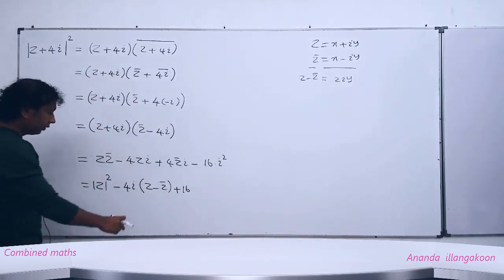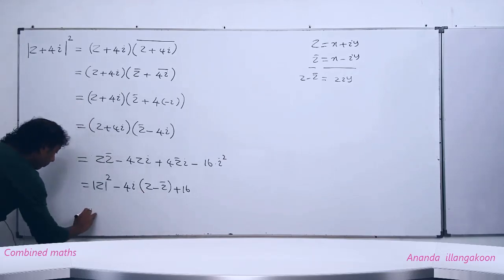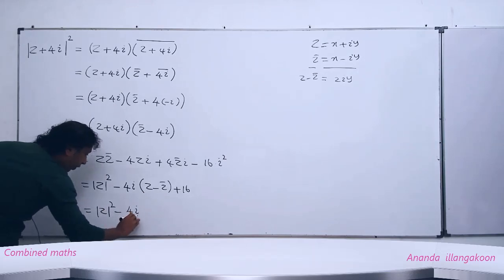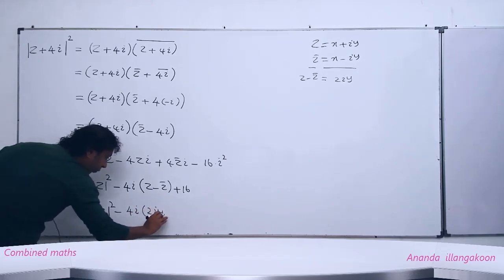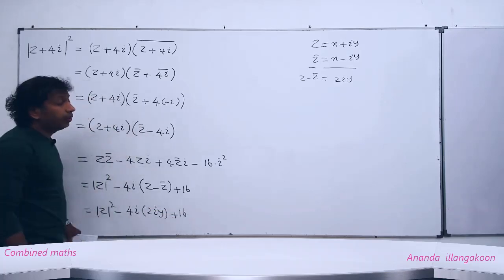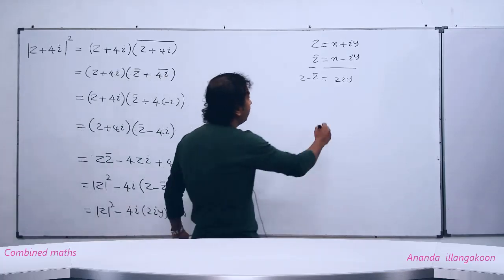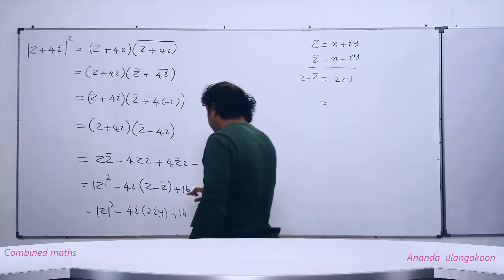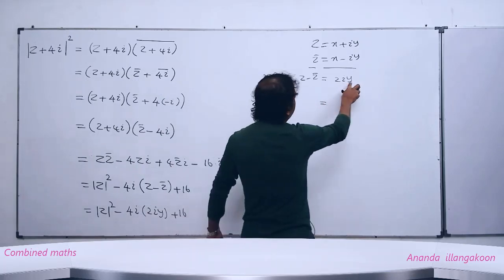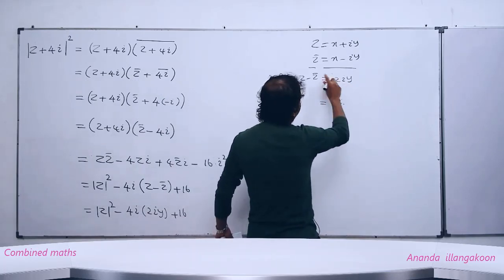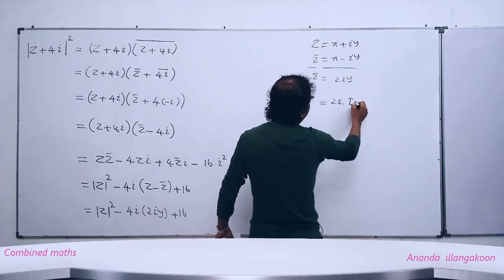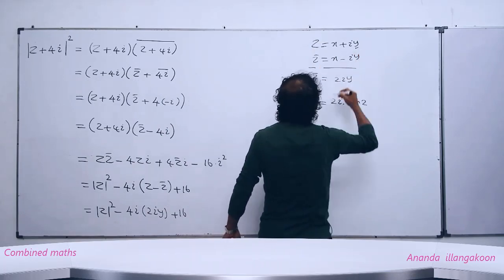So therefore this is equal to 2IY. So we get mod Z squared minus 4 times 2IY plus 16. In another way, we can write 2IY there. But this Y is what, people, really? We proved in the theory part in the same question, this Y is the imaginary part of Z. Correct? No? Imaginary part of Z.